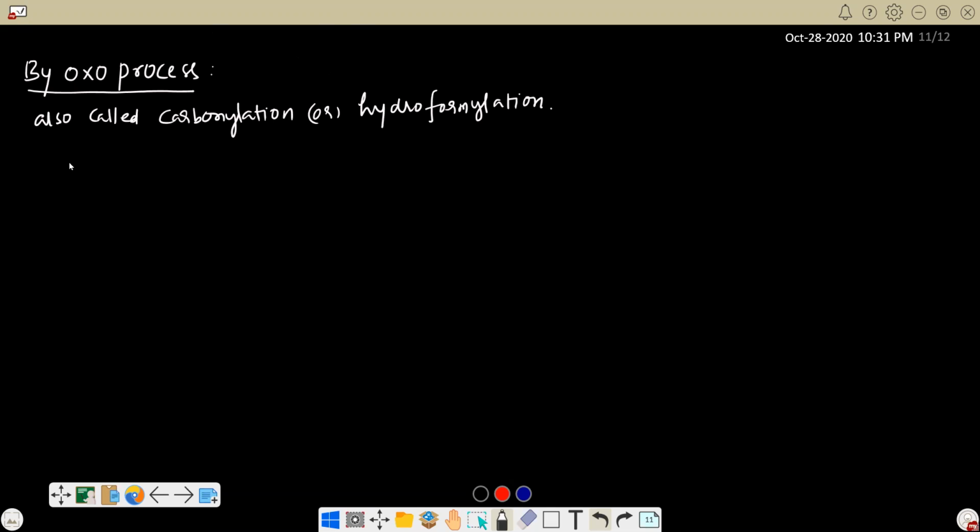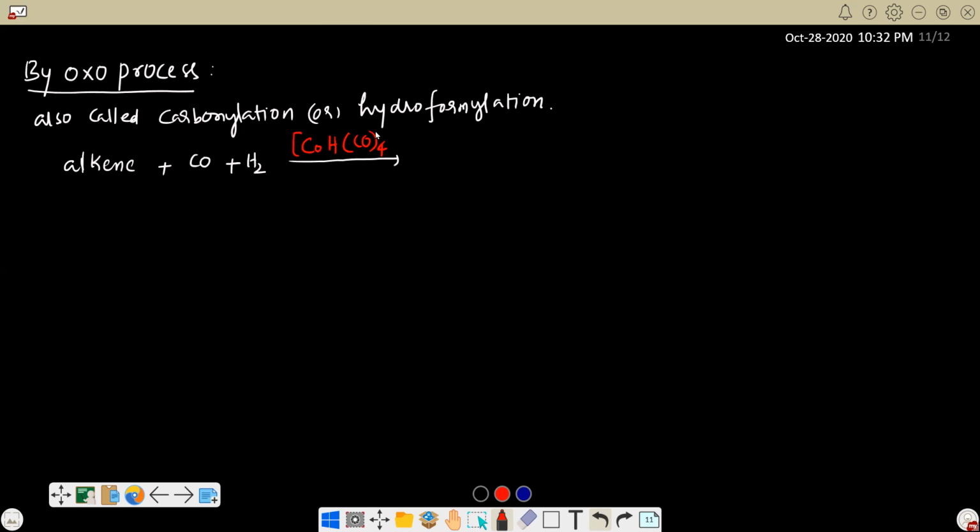So what is the reaction? Alkene plus carbon monoxide plus hydrogen. So the catalyst is what? Cobalt catalyst. You can write the catalyst as cobalt carbonyl hydride, cobalt, hydrogen, and carbon monoxide taken 4 times.